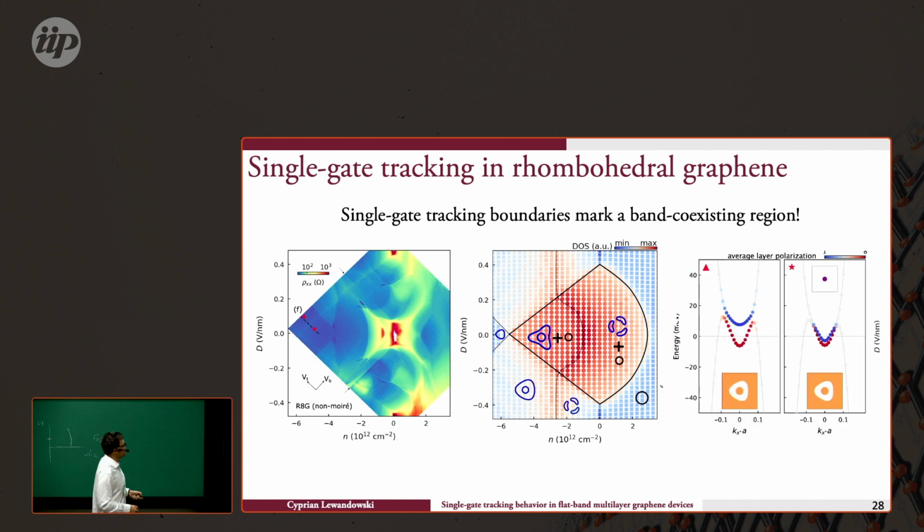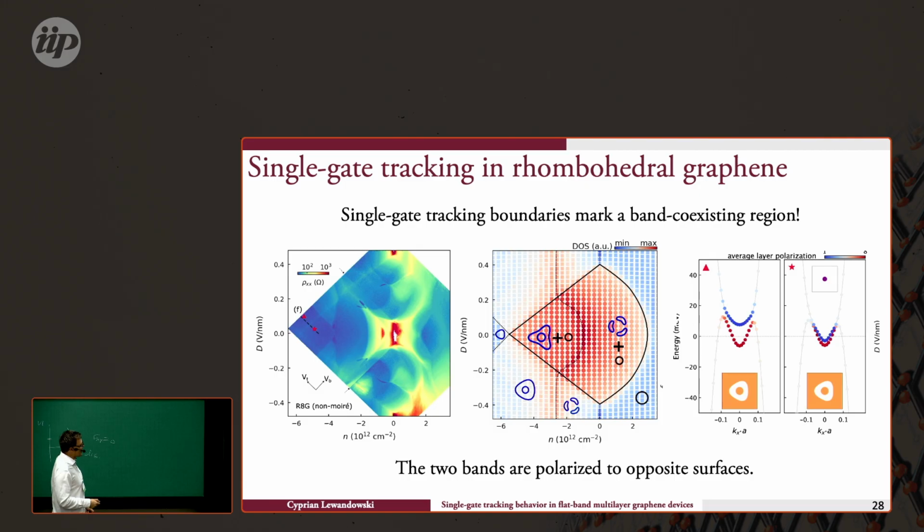And this is corresponding, if you look at the squares and the dots, to a transition from a situation where I have states that are a single band, which is polarized to one side only, to a situation where I have coexisting bands which intersect the Fermi surface, but crucially, they are polarized to opposite sides of the device. So that's something that I can learn from this, okay?